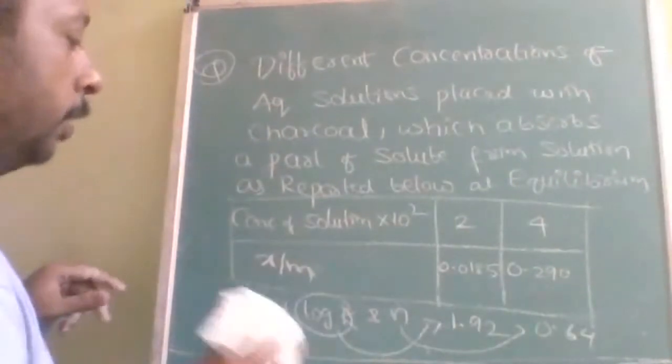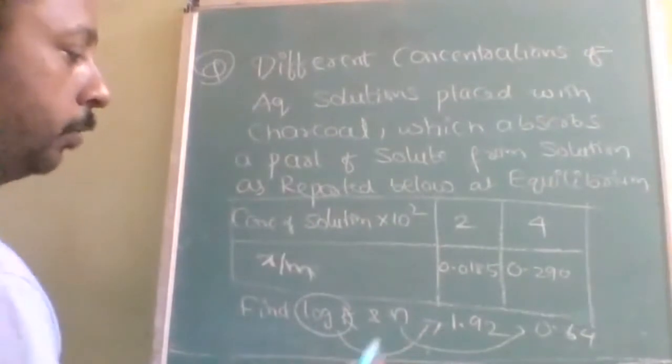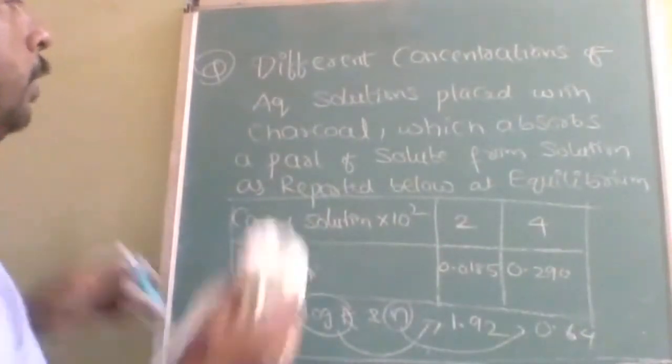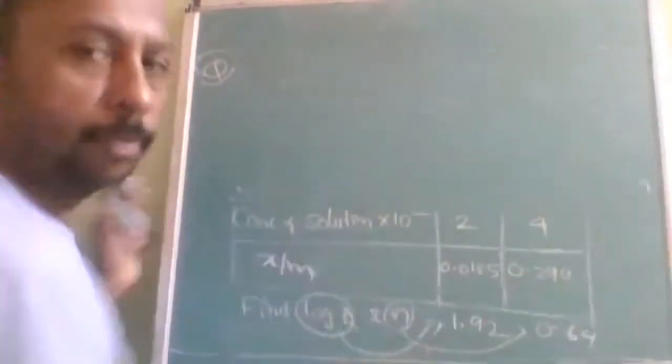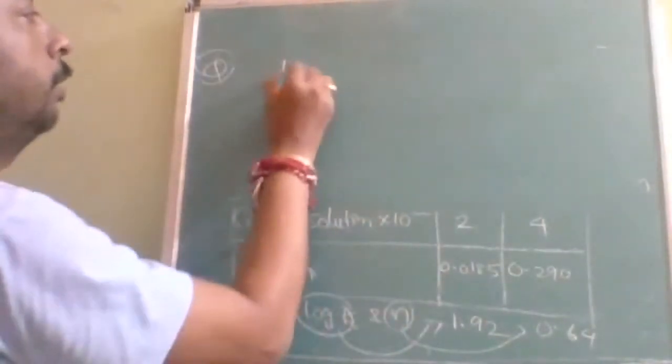Okay, see how to solve. I am explaining. The answers are log K must be 1.92 and N value must be 0.64. So I am telling you the solution procedure so that you can substitute and simplify. There are two conditions.